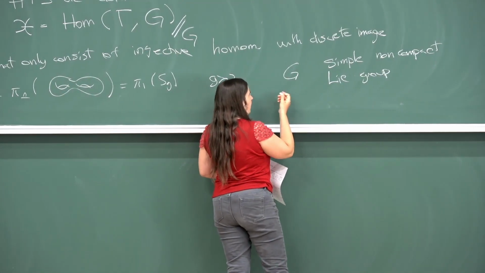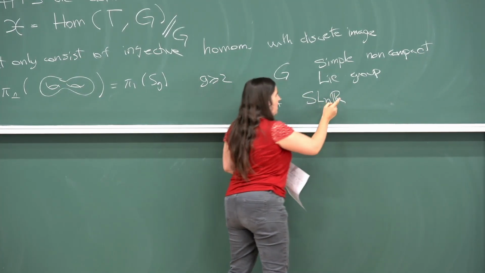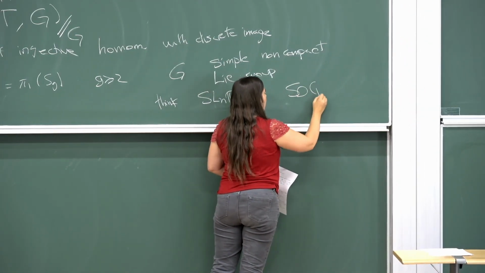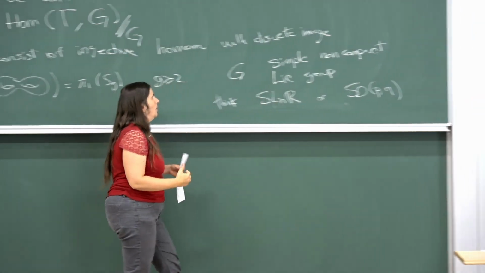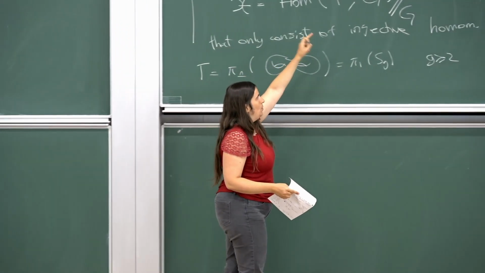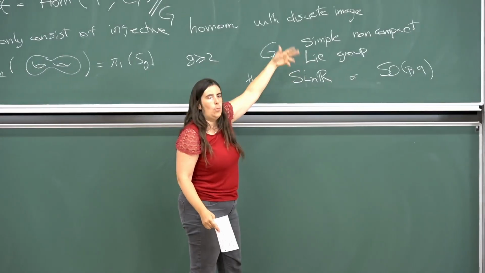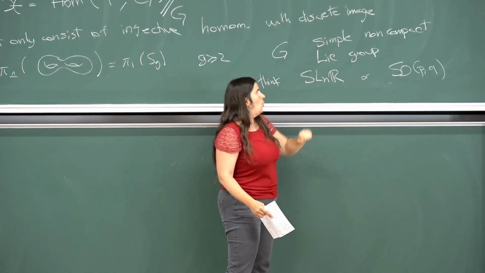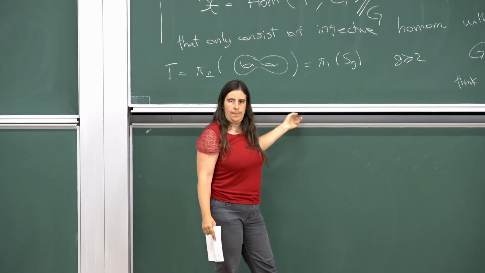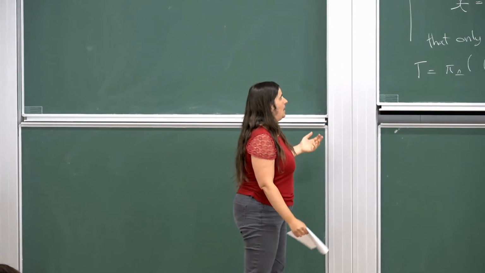And you should think of SL_n(R), the group of n by n invertible matrices, or SO(p,q). But actually, any Lie group, in some cases algebraic groups, so really a group of matrices, which is simple as a topological group, which has a smooth structure, is simple, and is non-compact, will do and will play a role in this theory. Some of them will play a role in this theory. Okay? So that's the kind of object I want to tell you about today.